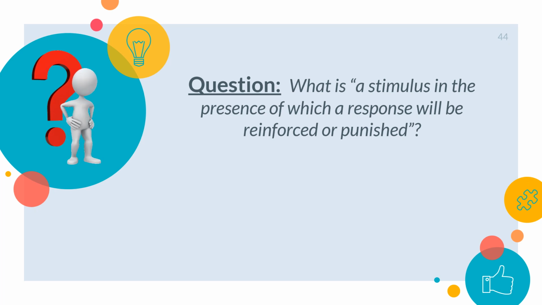Homework sheet, fill in the following question. What is a stimulus in the presence of which a response will be reinforced or punished? I'll now give you some time to get that question filled in.